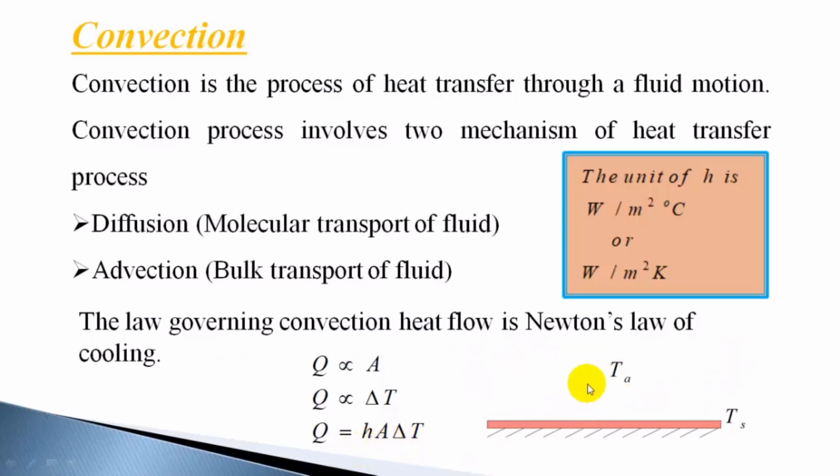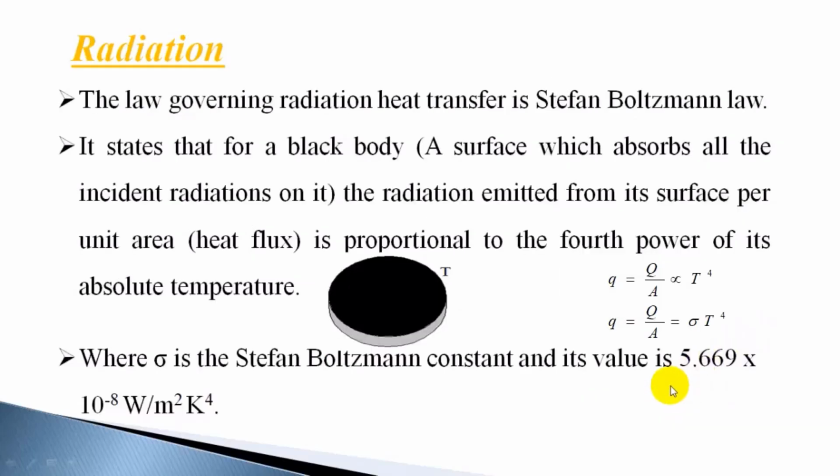So the heat transfer coefficient increases when fluid is forced over the surface. In natural convection, usually the heat transfer coefficient will be less, whereas in forced convection, the heat transfer coefficient will be much higher.